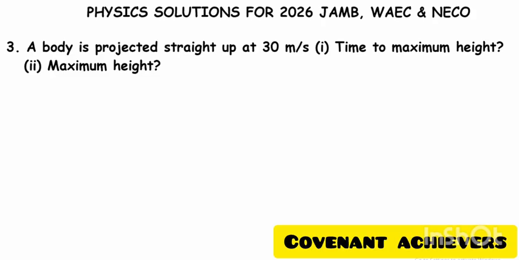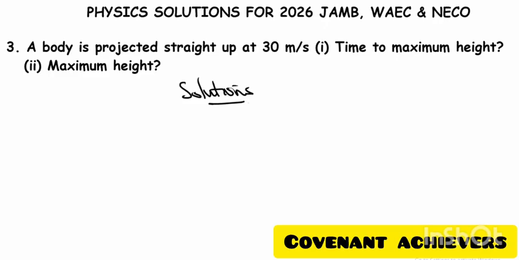Now this is the third question, and here we have a body projected straight up at 30 meters per second. What we are asked to find is the time to maximum height, and the second is the maximum height. So how do we solve this question? Let's look at the solutions together.